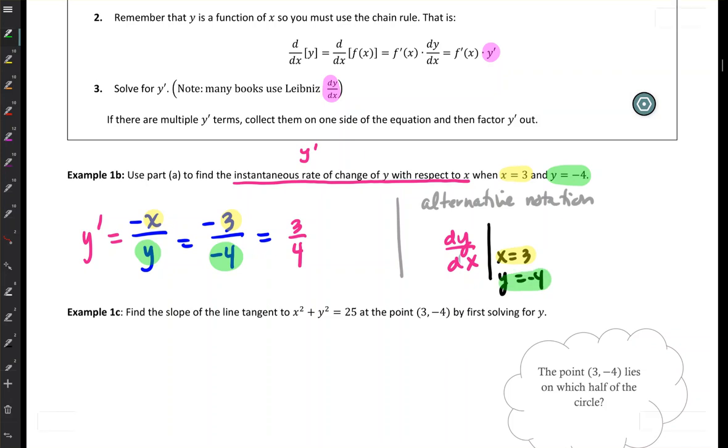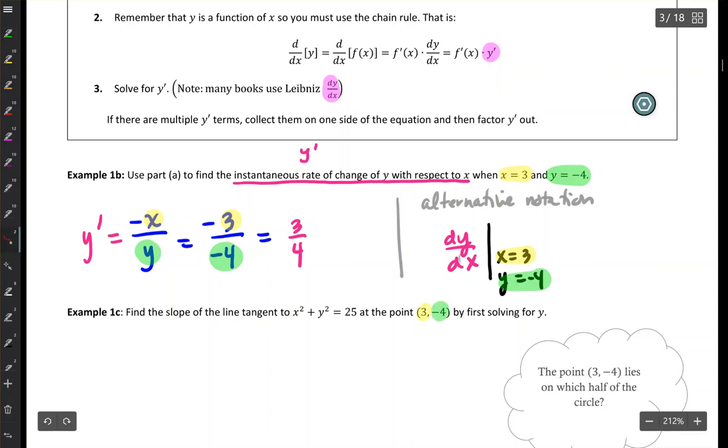Okay, so we have found the instantaneous rate of change of y with respect to x at this particular point. We have found, said another way, the slope of the tangent line to the curve x squared plus y squared is 25 at the point 3, minus 4.